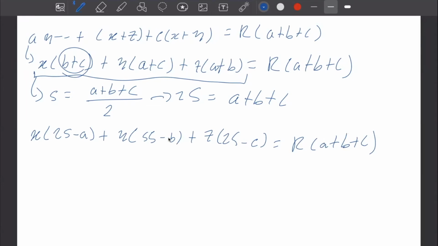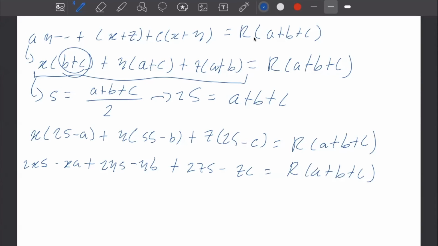We're going to expand on these ones, which will be 2xs minus xa plus 2ys minus yb plus 2zs minus zc equals r, a plus b plus c. Now we're going to group these up again using the 2s we have.